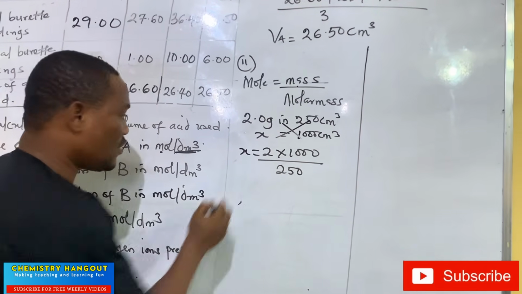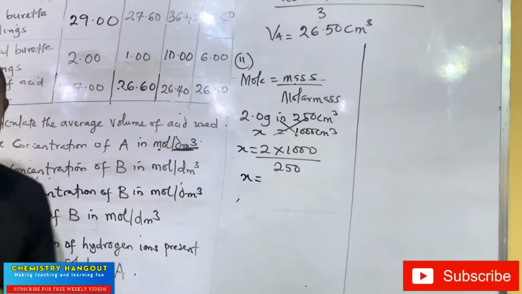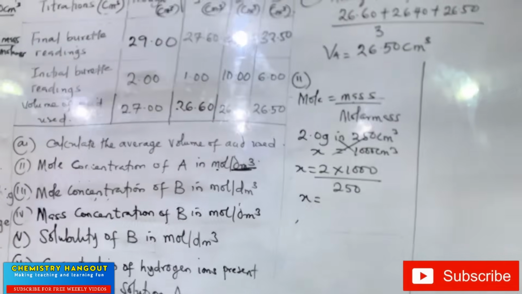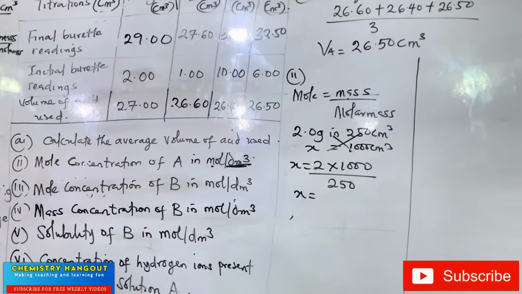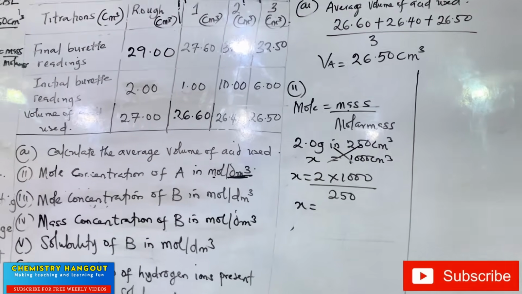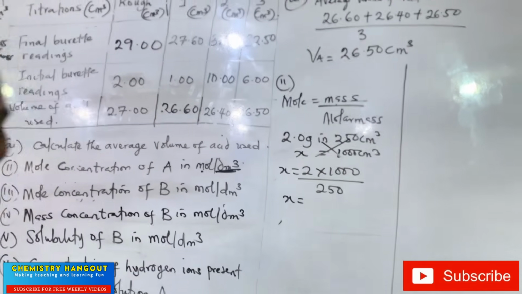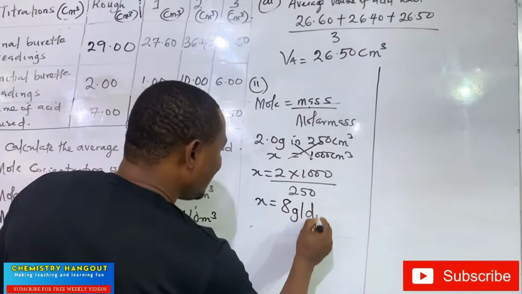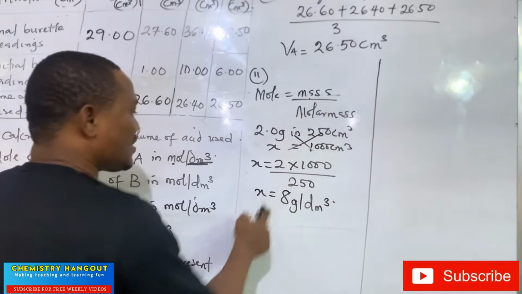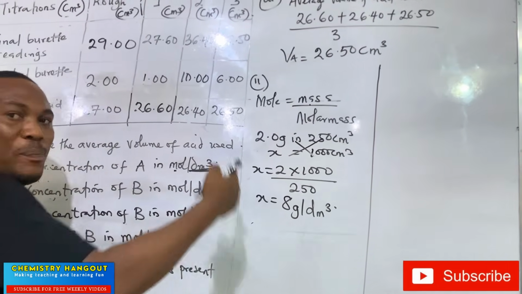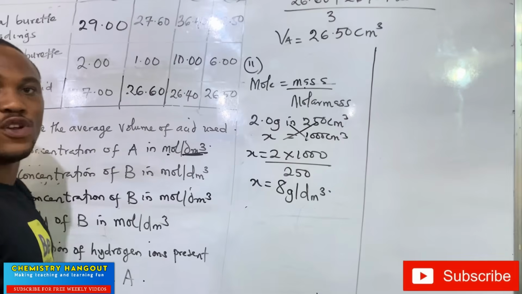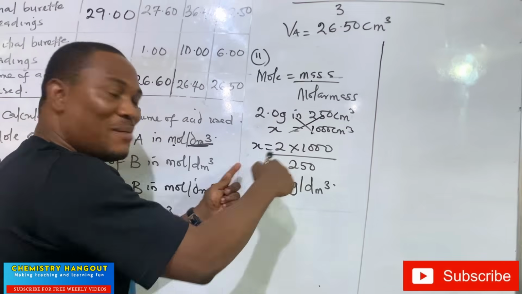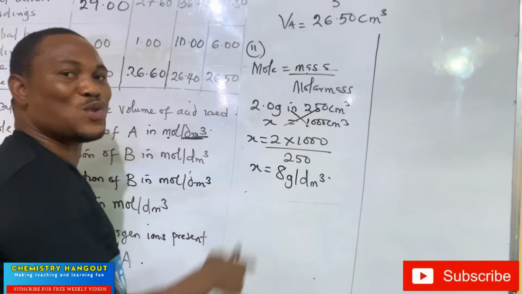So our x will be 2 times 1000, divided by 250. And that's giving us 8 gram per dm cube. 8 gram per dm cube. So the mass, because I want to calculate a mole per dm cube, definitely the mass I will use must be in gram per dm cube. This one is sorted. Did you see they did not ask you to calculate this? But there is no way you will not get this if you want to solve that.